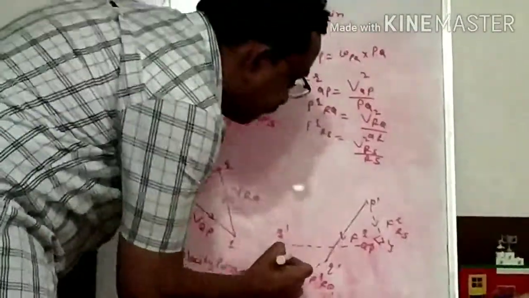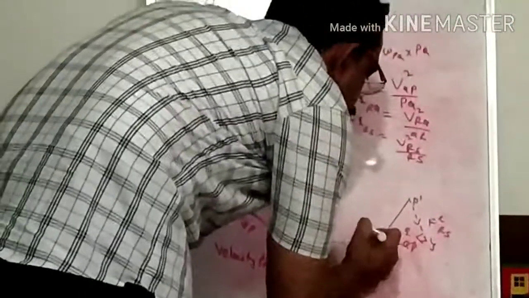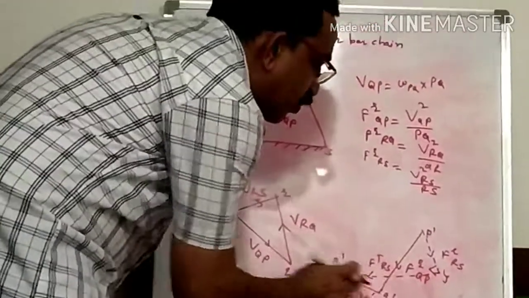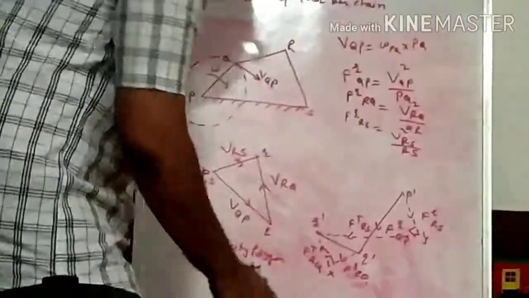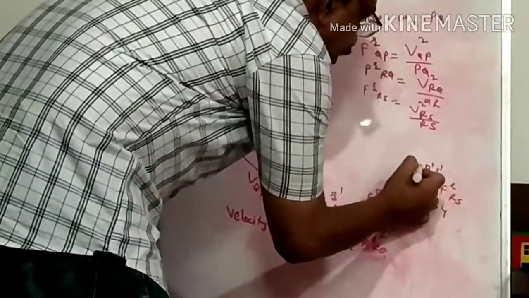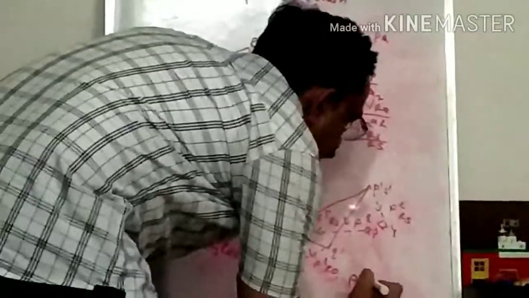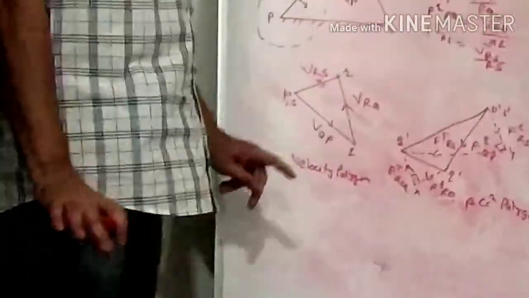Here we get the tangential component of acceleration of R with respect to Q, and this is the tangential component of acceleration of R with respect to S. Join Q dash R dash, it represents the total acceleration of R with respect to Q. Join S dash R dash, it represents the total acceleration of R with respect to S. So this is the acceleration polygon for the 4-bar chain.